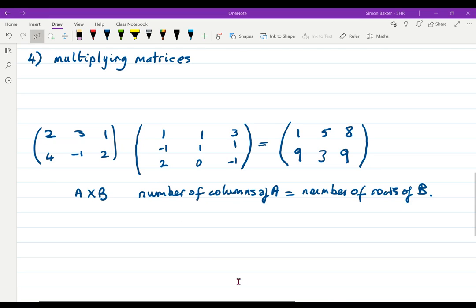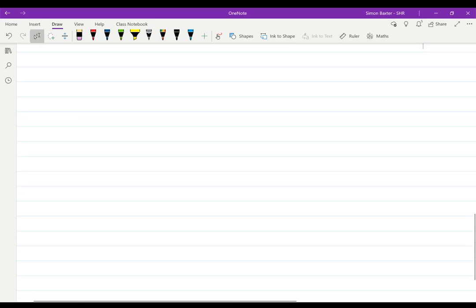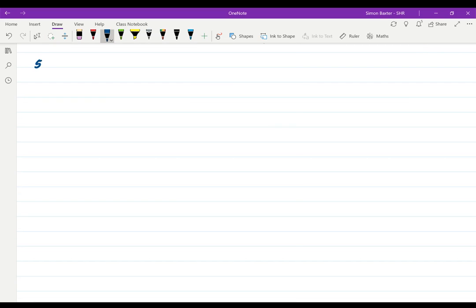What happens now if we think a little bit more about multiplying matrices and we think about changing the order of multiplication? It's a very complicated process, so we shouldn't expect nice things necessarily to happen.